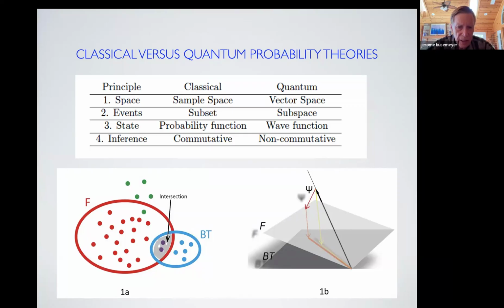The conjunction is the intersection, the dots shared by the red and blue circles. So in classical probability theory, events are subsets of a sample space. In quantum theory, though, we change subsets of a sample space to subspaces of a vector space.